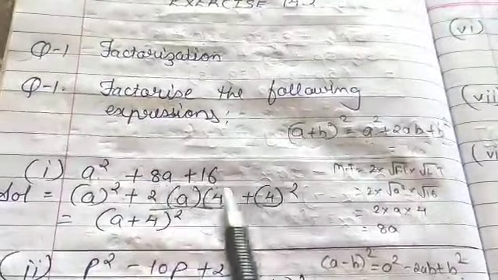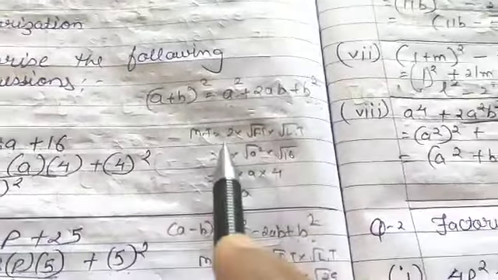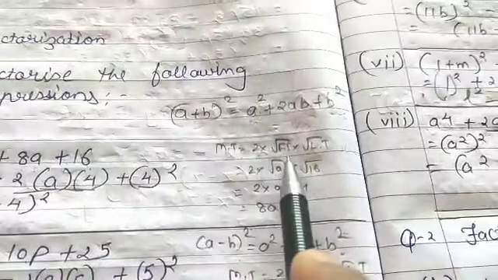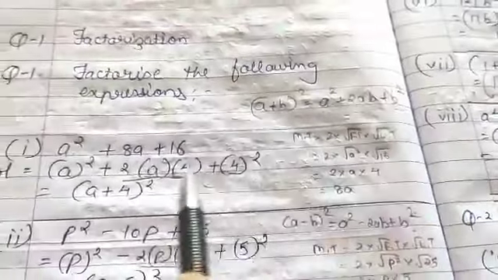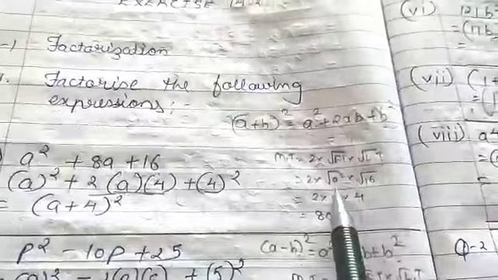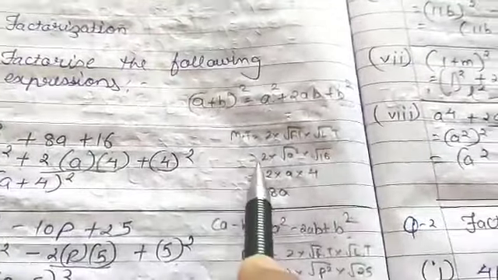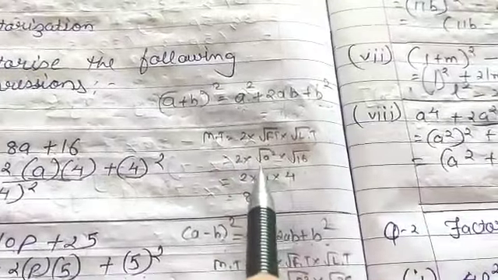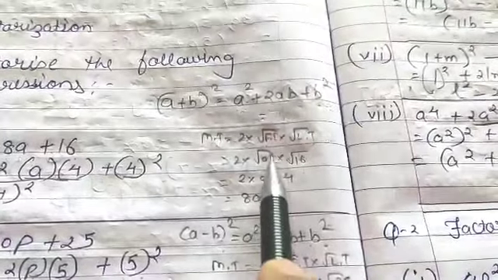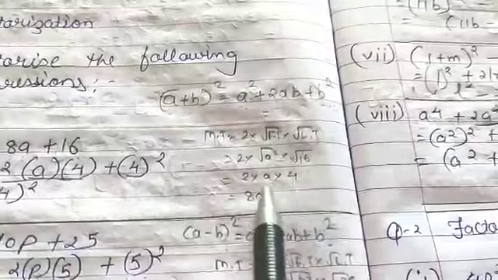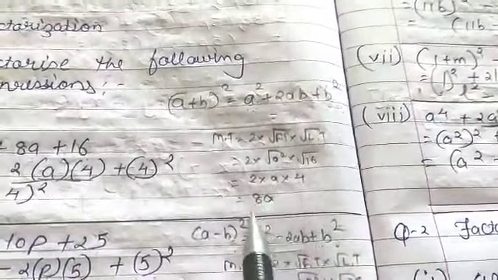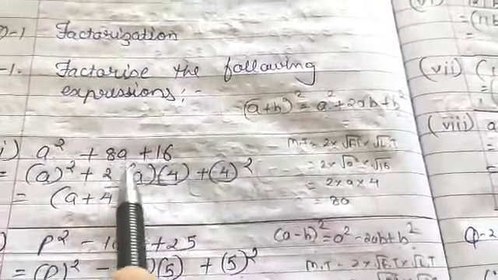And to check the middle term, what you need to do is write down 2 multiplied by the square root of the first term into the last term. Here the value of the first term is a square, and the last term is 16. Multiply 2 with it: 2 multiplied by the square root of a square, which gives a, and the square root of 16, which gives 4, that is 2 into 4 into a gives 8a, and here the value 8a is there.